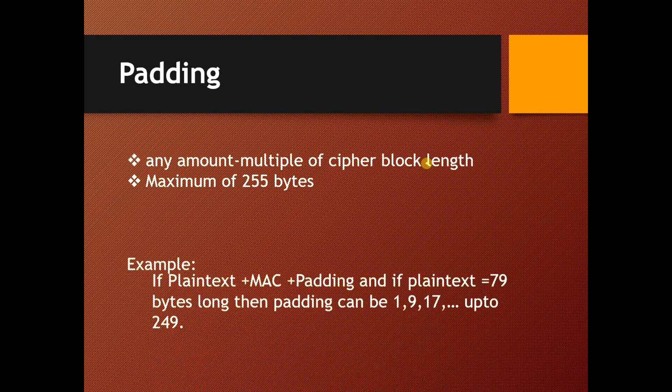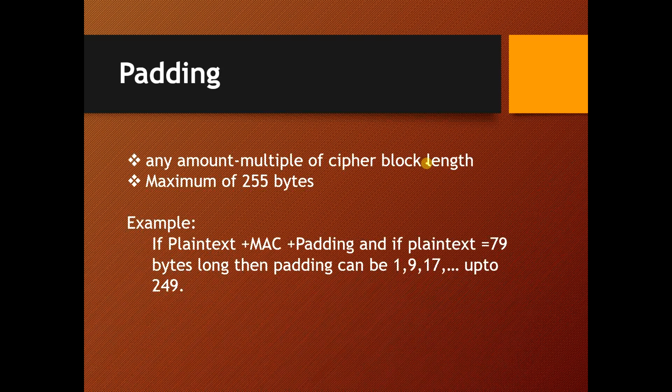As an example, consider the plain text, or the compressed text if compression is being used, plus the MAC, plus the padding obtained at the end. If the plain text plus MAC was 79 bytes, then the padding can be either 1 byte, 9 bytes, 17 bytes, and so on, up to 249.